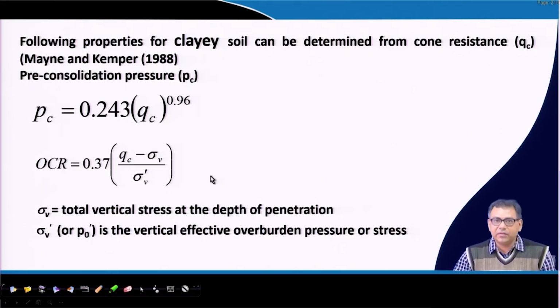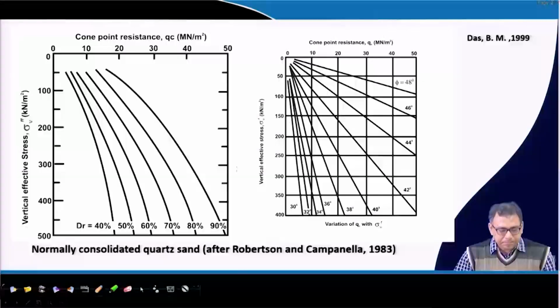As you know, for normally consolidated soil we generally consider the OCR value equal to 1, and for over consolidated soil the OCR value is greater than 1. So, this OCR you also get from the cone resistance.